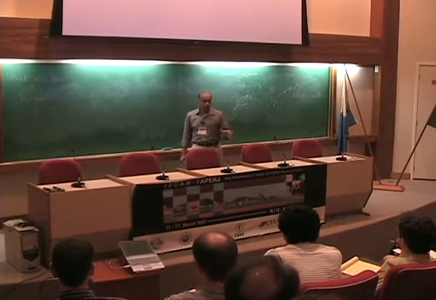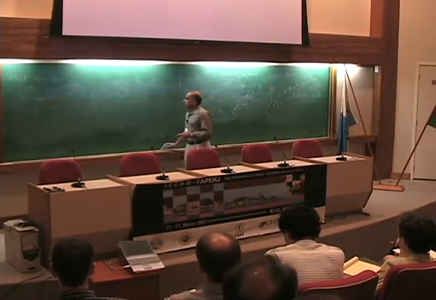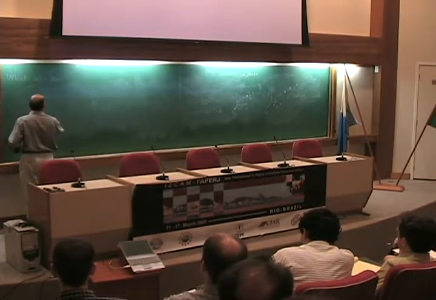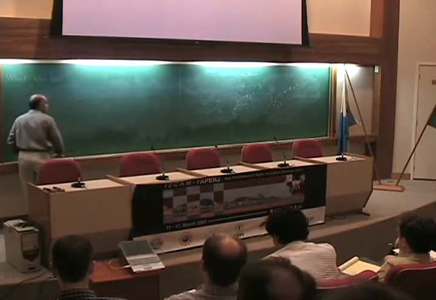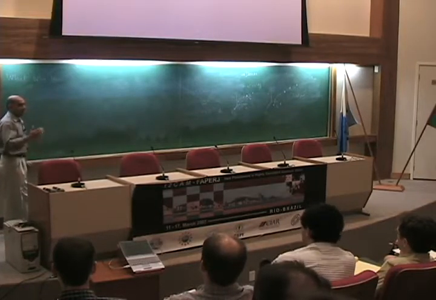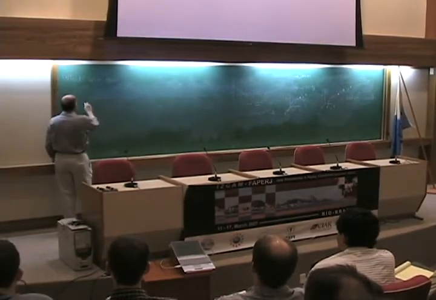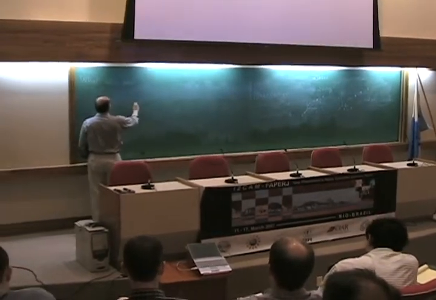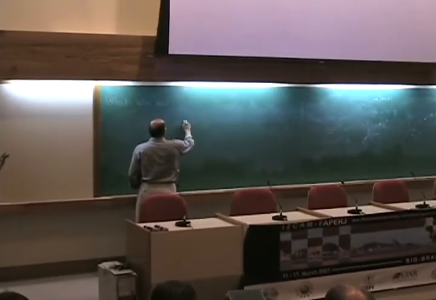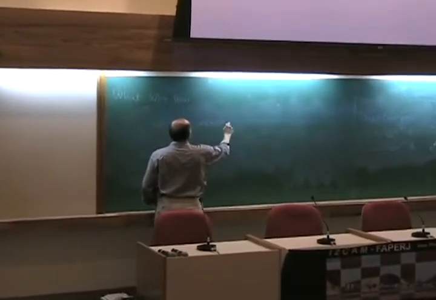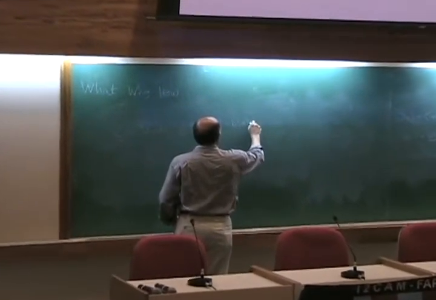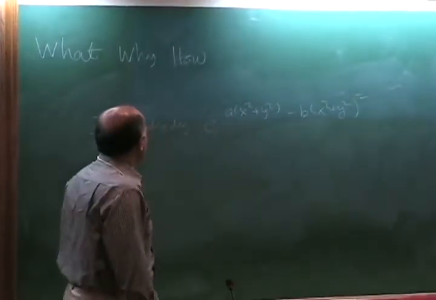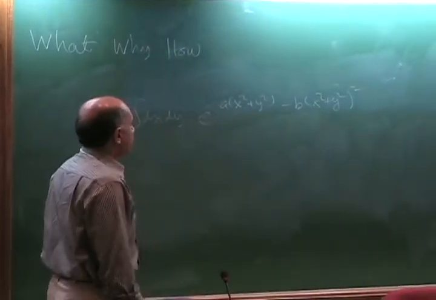I'll take about 3 or 4 minutes to tell you one technical issue because I don't want to leave it hanging. The last question has to do with how you do the renormalization. It's pretty simple. Here's where many questions that came up earlier are relevant. Suppose I go back to the old problem: the integral dx dy e to the minus a(x squared plus y squared) minus b(x squared plus y squared) squared. My goal is to get a theory involving only x.